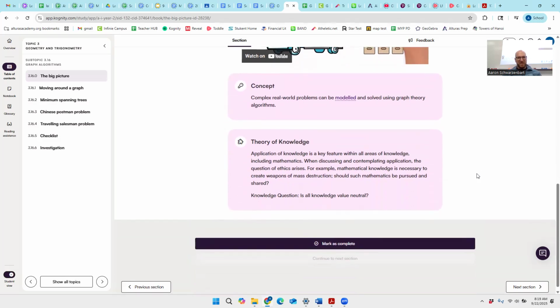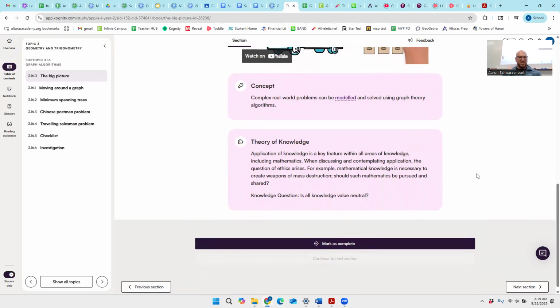Theory of knowledge. Applications of knowledge is a key feature within areas of knowledge, including mathematics. When discussing and contemplating the application, the question of ethics arises. For example, mathematical knowledge is necessary to create weapons of mass destruction, should such mathematics be pursued and shared.